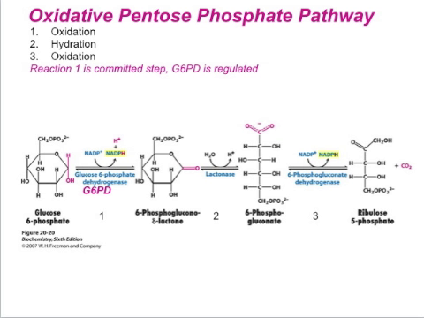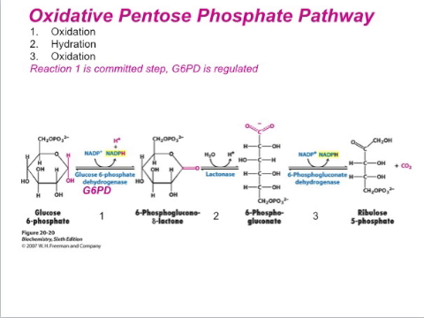This is abbreviated G6PD, and this reaction is the first committed step. And so the enzyme that catalyzes this reaction, glucose 6-phosphate dehydrogenase, is regulated. The second step is a hydration. We're going to hydrate the lactone, and in so doing, we're going to break the chain to form 6-phosphogluconate.